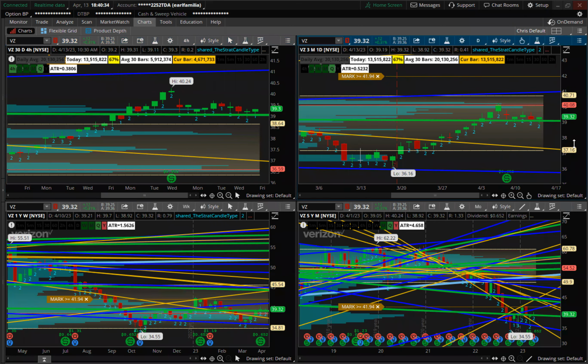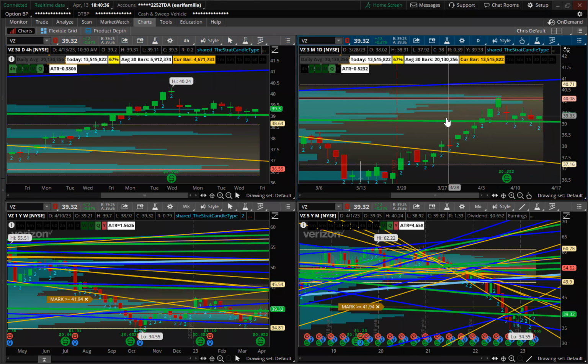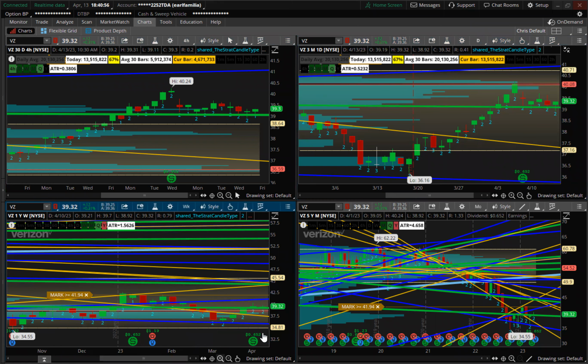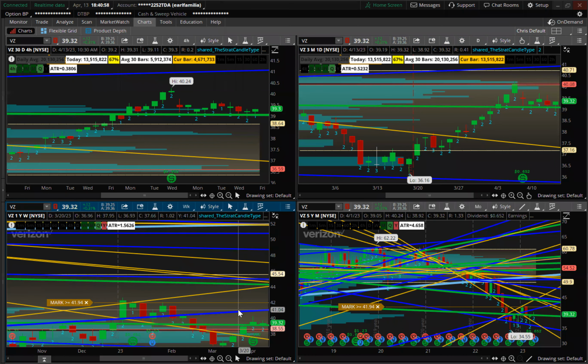I also see a strat on the day, a nice hammer, shooter, hammer combo. Tomorrow I'm looking at this one to move up on the day and the 4 hour. On the weekly it looks like a failed 2 down.